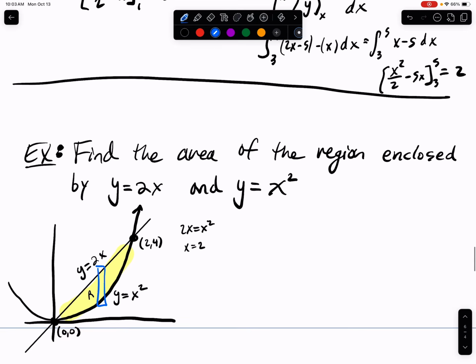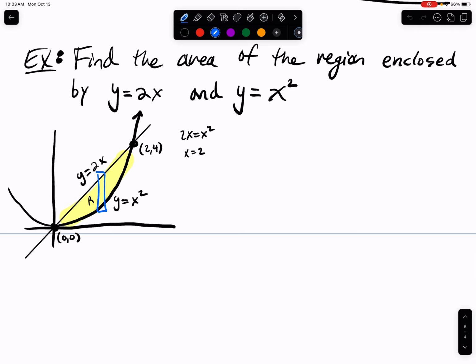The bottom always the bottom? Yeah. So this is going to work both ways. So I think it'd be good for us to just practice integrating both ways. So let's integrate dy dx first, and then we'll integrate dx dy, and we'll make sure that they get the same answer. It'd be good practice for us.